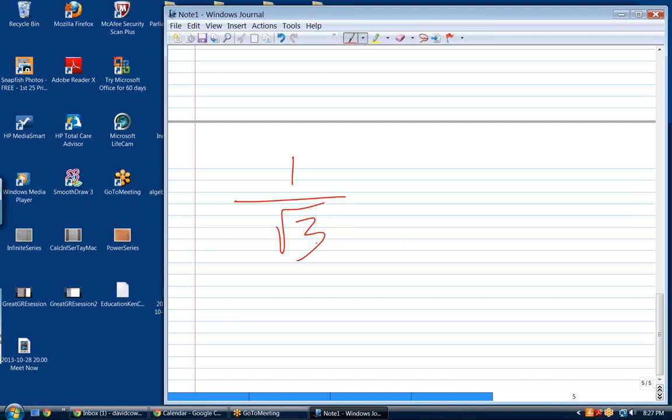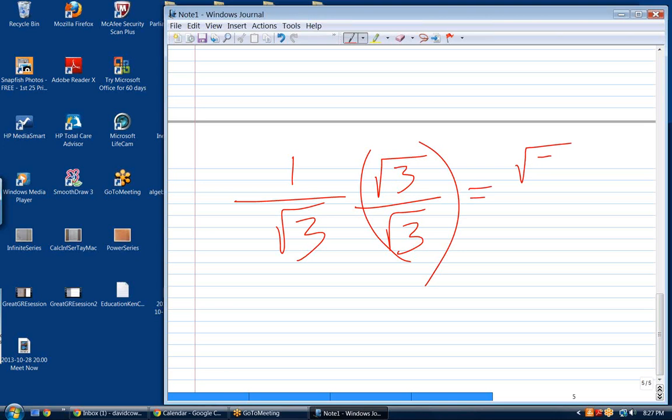In other words, my goal is to get rid of the radical sign in the denominator. So by 1. No, by square root of 3. Well, yes, you're right. I'm multiplying it by 1. That's the only thing I'm ever allowed to do to a fraction, is multiply it by 1. But notice that when I multiply it by root 3 over root 3, I get root 3 over 3.